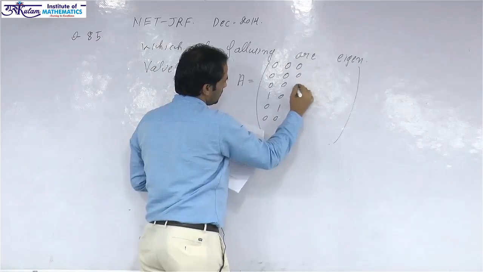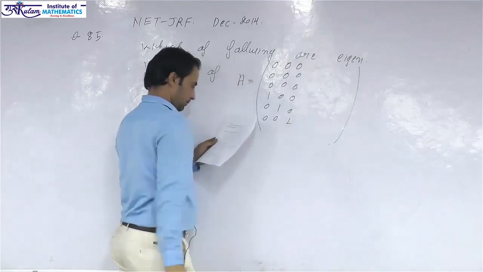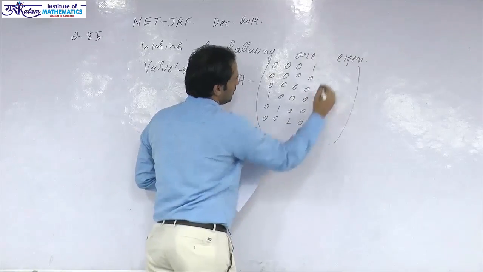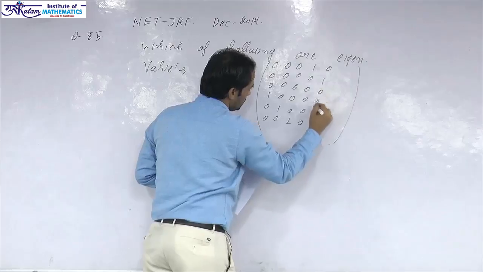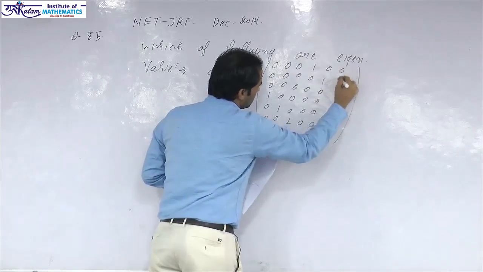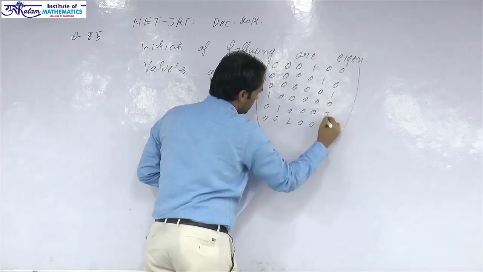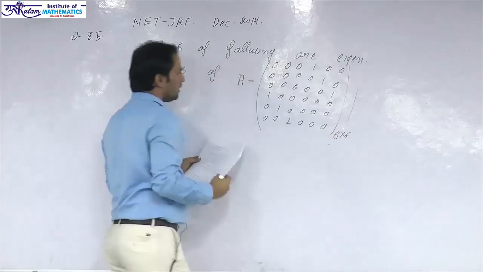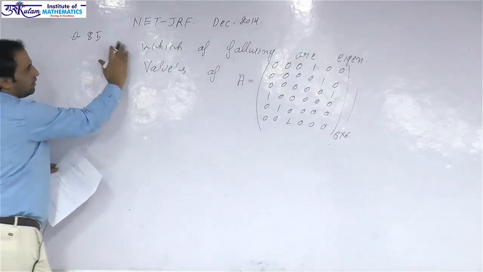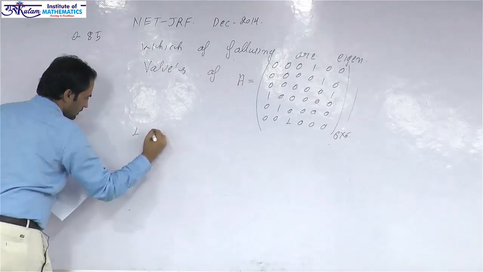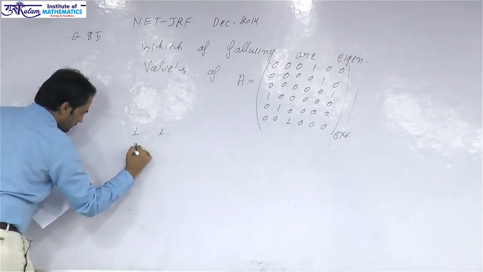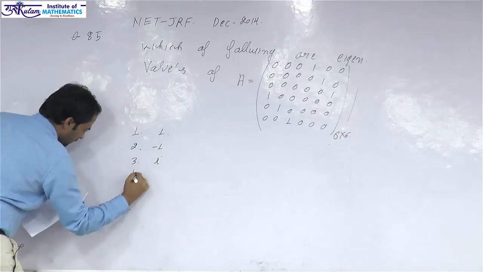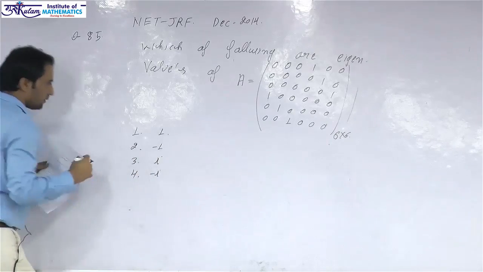Then 0 0 0 0 0 1, then 1 0 0 0 0 0, then 0 1 0 0 0 0, then 0 0 1 0 0 0. So this is a 6 cross 6 matrix. Then the question is the eigenvalue of this matrix. First option is 1, second option is -1, third option is iota, and fourth option is minus iota.